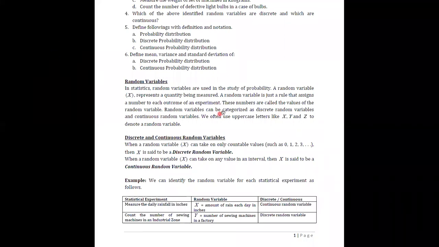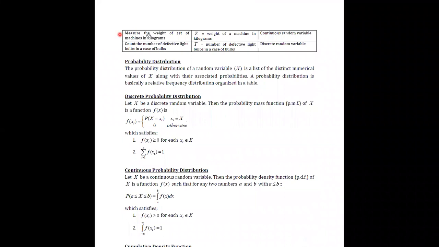If you move further on these examples, measure the weight of a set of machines in kilograms. Here also, you are going to weigh machines. Then we can have the random variable as the weight of a machine in kilograms, and here the random variable is denoted by the letter Z. Since you are weighing, we can have it as a continuous random variable. It is because weight cannot just move from 1 kilogram to 2 kilograms.